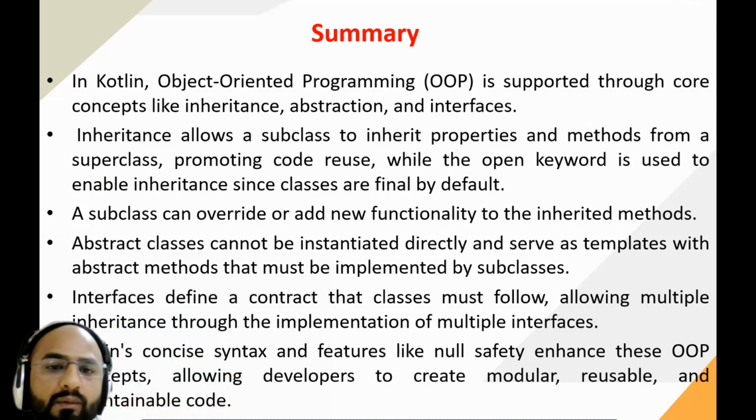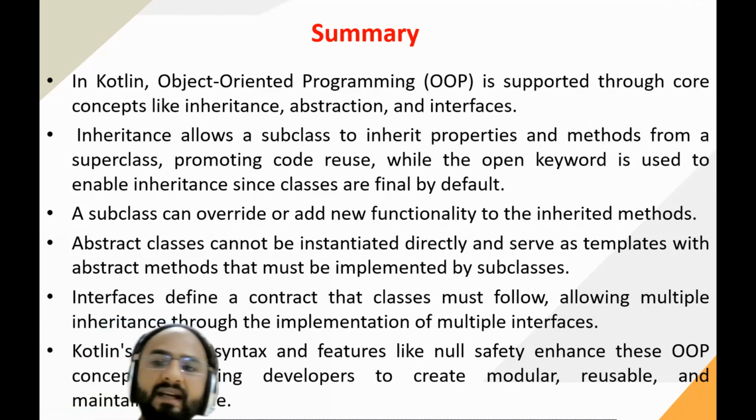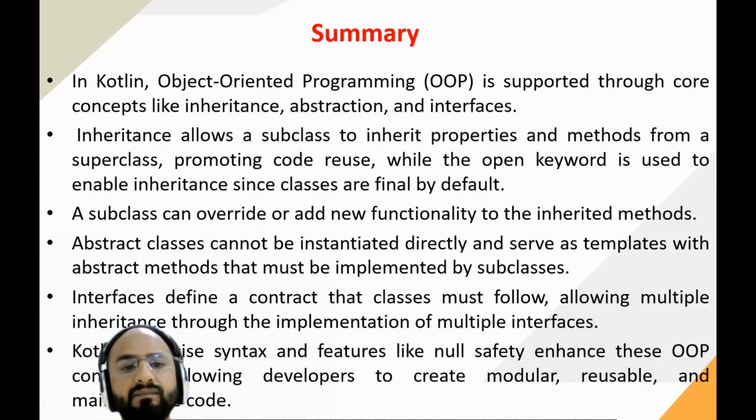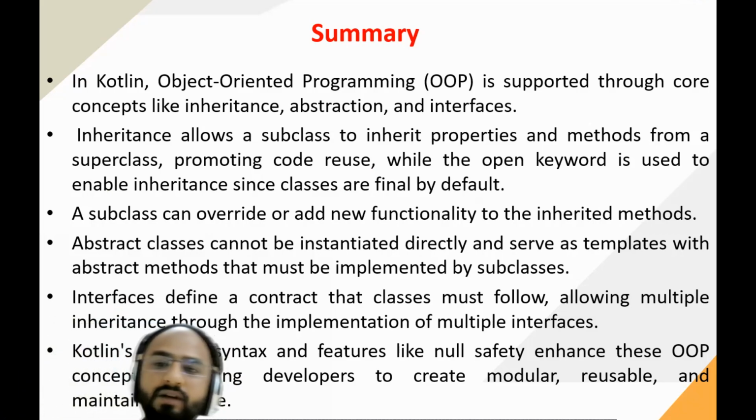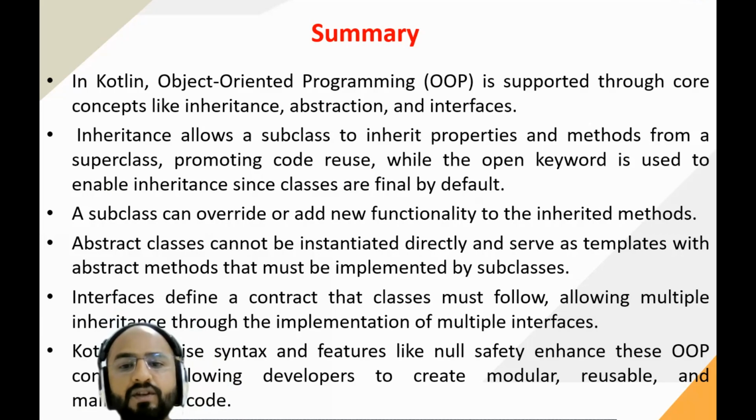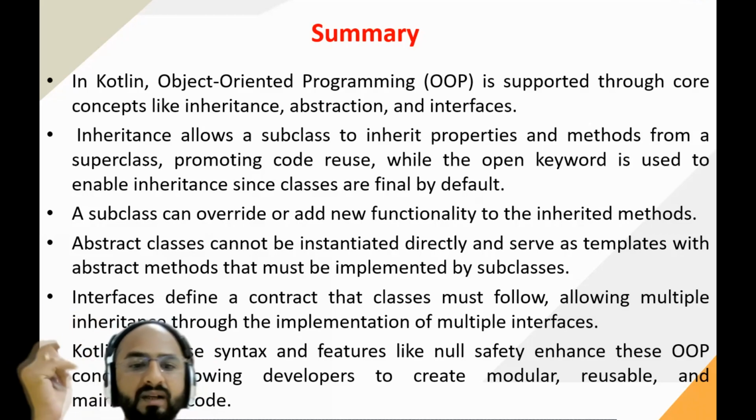A subclass can override or add new functionality to the inherited method. An abstract class cannot be instantiated directly and serves as a template with abstract methods that must be implemented by a subclass. So when you are creating an abstract class, it cannot be instantiated directly. You need to inherit that particular class into the child class and override the method.